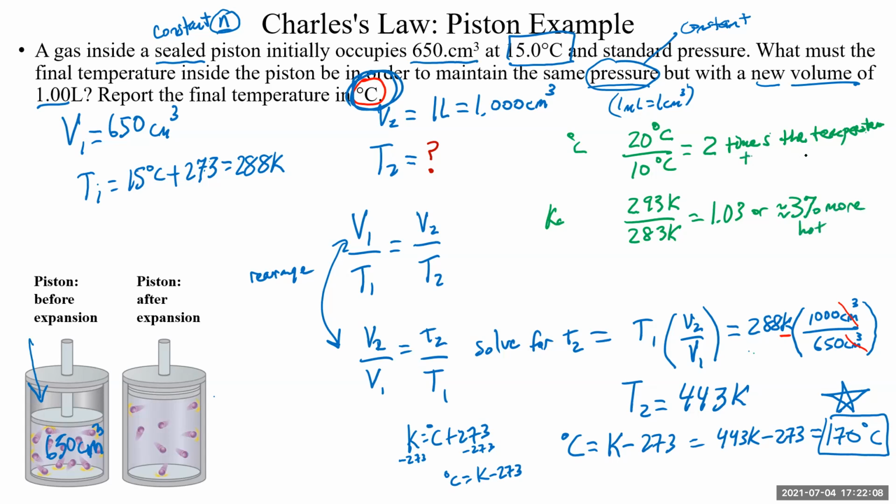This says twice as hot, or 100% hotter, if you want to measure it that way. But the real value is only about 3% hotter. That's because when you take the absolute temperature scale, these small differences in temperature between 10 and 20 degrees really aren't that big of a deal.